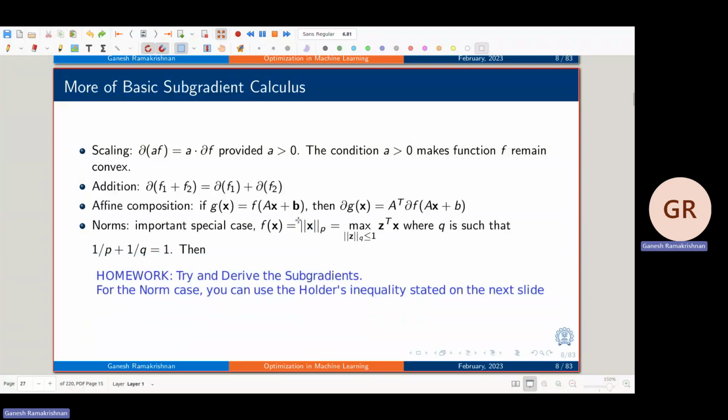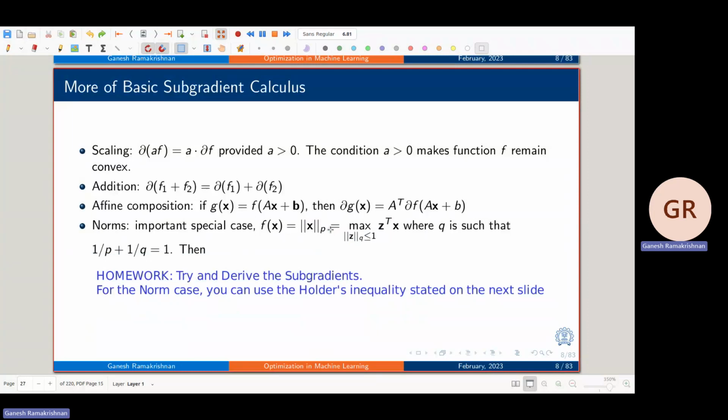If p is 1, then you're looking at the max over the infinity norm of z less than or equal to 1 of z transpose x. What we were doing with s was taking the max value only. You're saying 1 because the max value can only be 1. The question is how many of them you should put to +1 and how many to -1. Max is in terms of the absolute value. So where to put the +1 and where to put the -1 was the question in s. So when p equals 1, this exactly fits our previous story.